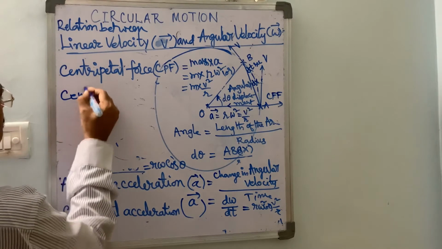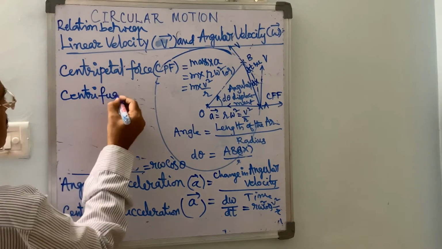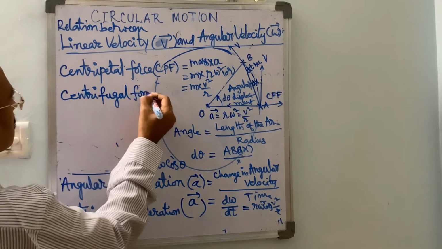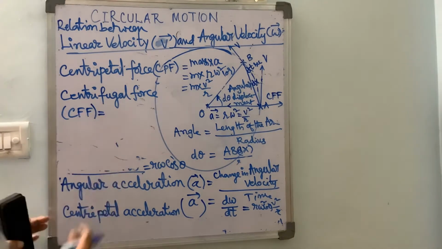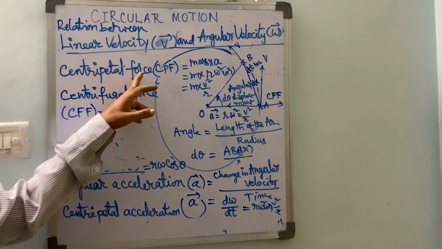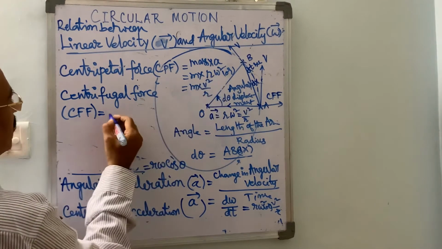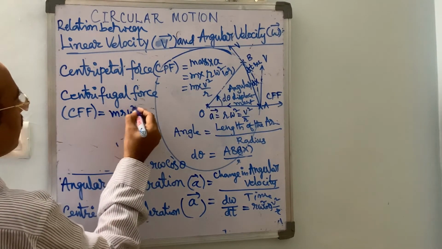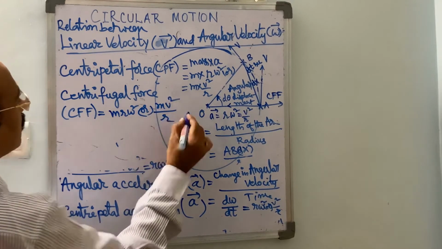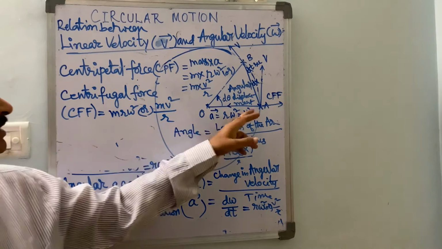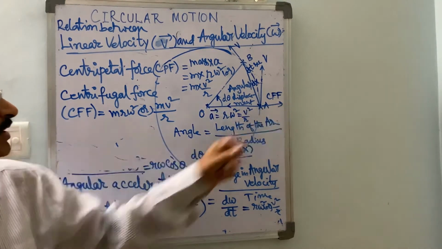Therefore, the force acting away from the center is known as centrifugal force. In magnitude, it is the same as that of centripetal force, that is m r omega square or m v square by r. But the direction is opposite. If the force acts in the direction AO, then it acts outward from the circle.